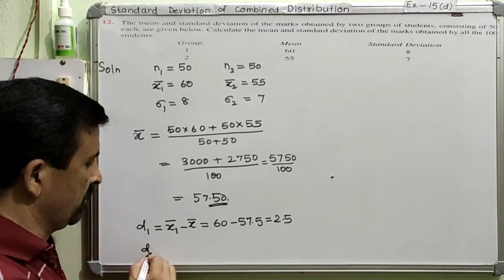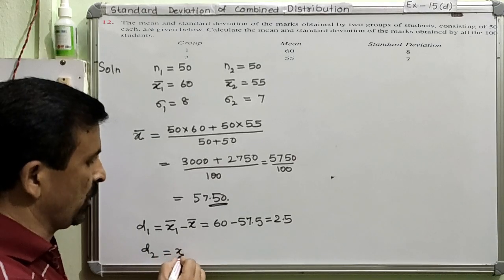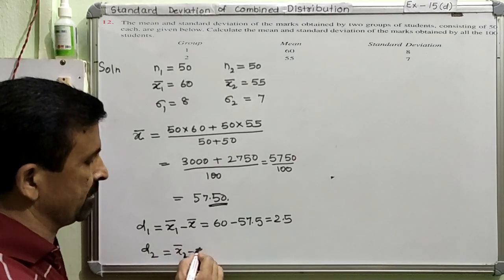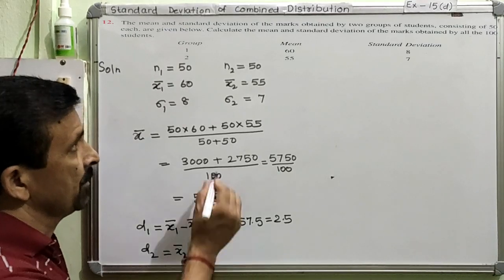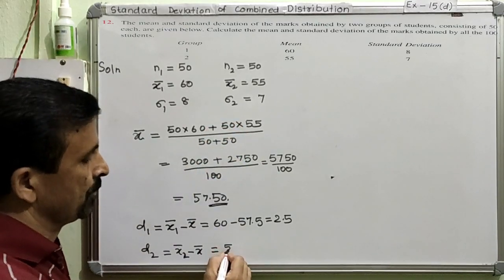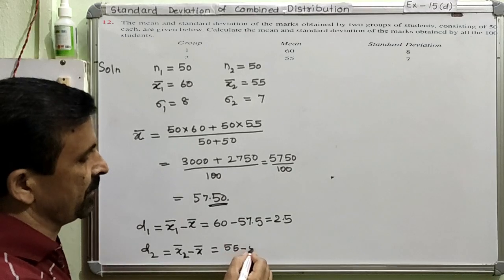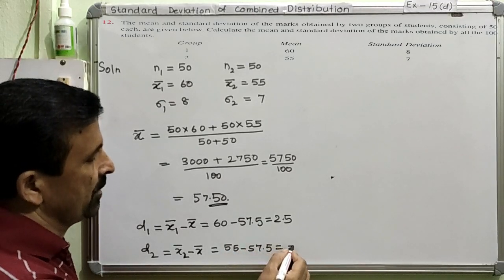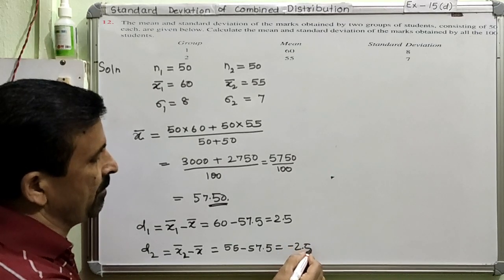Next, d2 is x2 mean minus the combined mean, that is 55 minus 57.5, which is equal to negative 2.5.